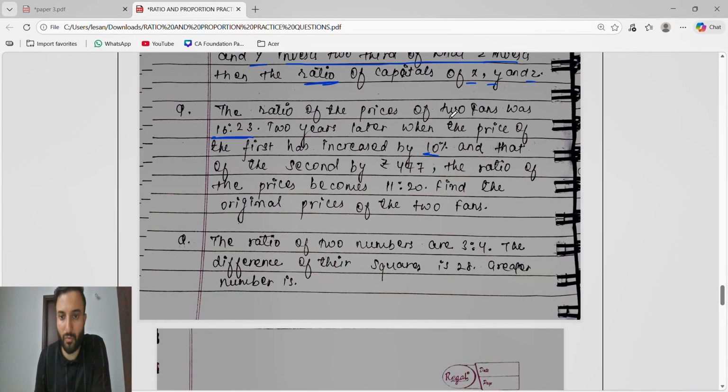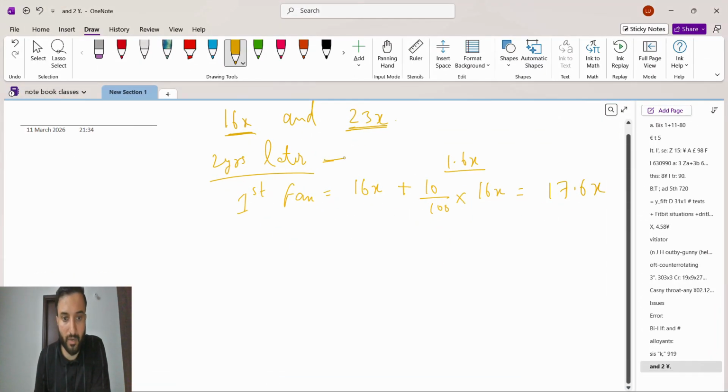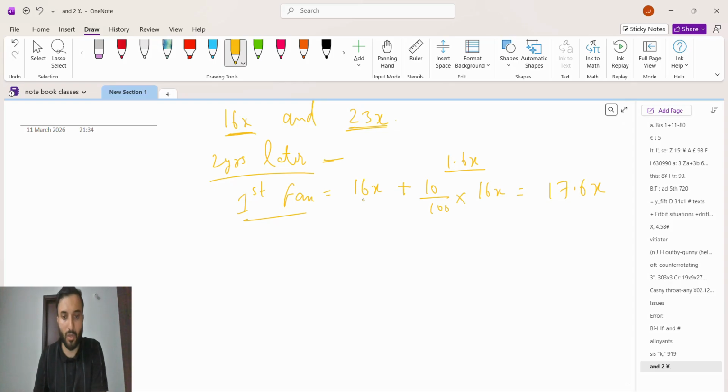See, the same thing they said. The ratio of price of two fans was 16 is to 23, means the first fan is 16x, the second fan is 23x. 2 years later, the price of the first has increased by 10%, meaning old price is 16x and then increased by 10%. So 10% of what? 10% of old price.